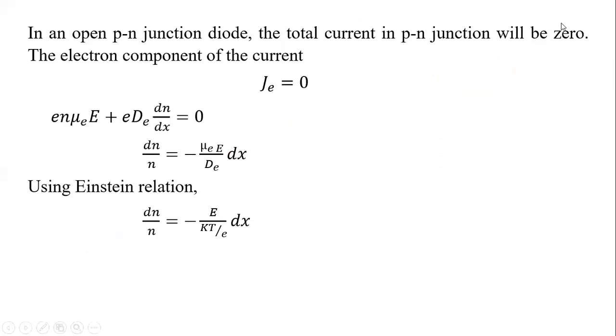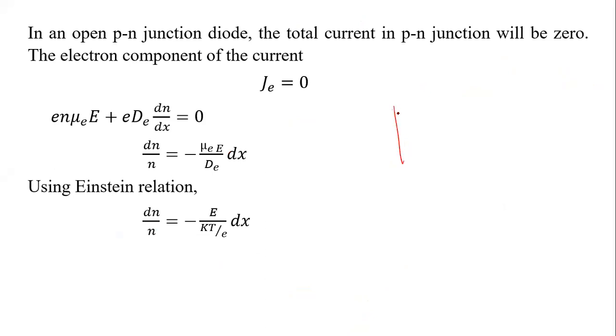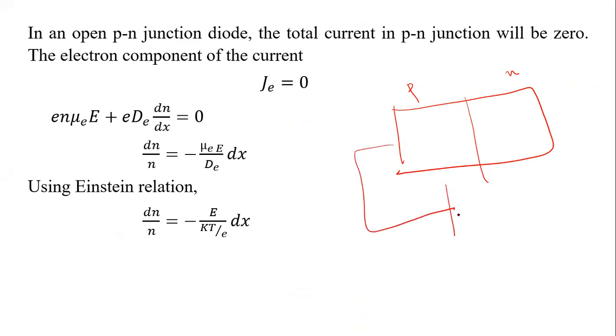Also, we know that, say, we are talking about a p-n junction here. We have a p type and an n type, and we just put the two types of semiconductor together like this. In the presence of external biasing, we know that there is a current across the p-n junction.